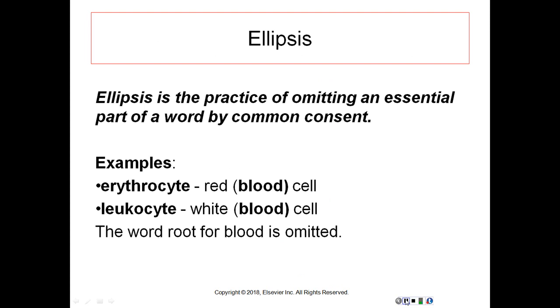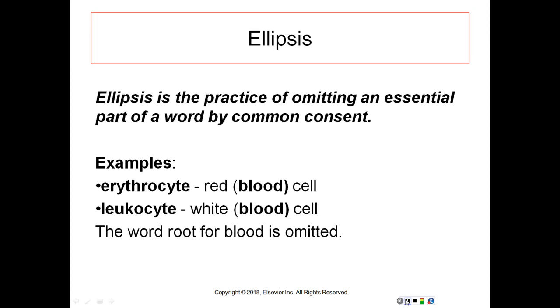Alright, sometimes essential parts of a word are going to be omitted. An ellipse is the practice of omitting an essential part of a word by common consent. So when you're looking at some of these definitions, in this case, blood is in parentheses. It's actually going to be omitted because it's just obvious that it's going to be there. So erythrocyte is a red blood cell. If you just said red cell, that would be fine also.